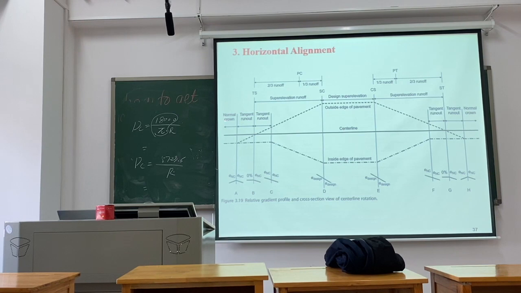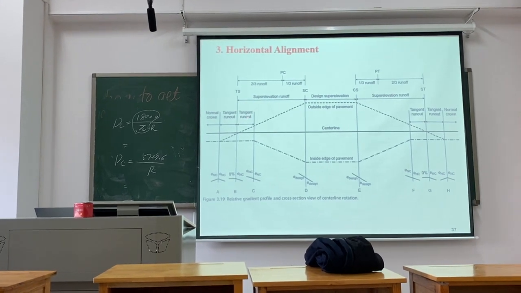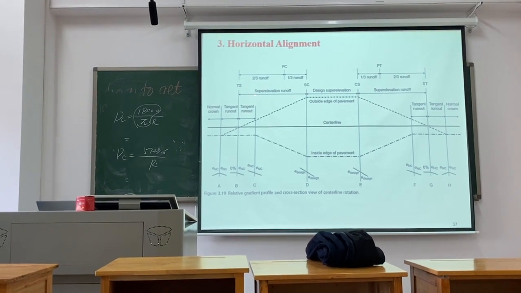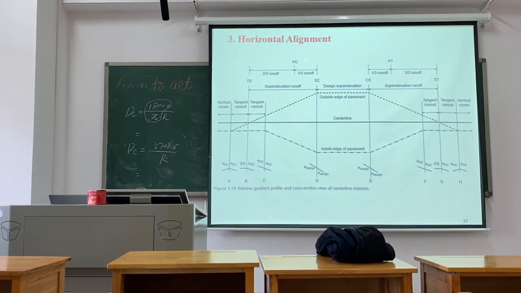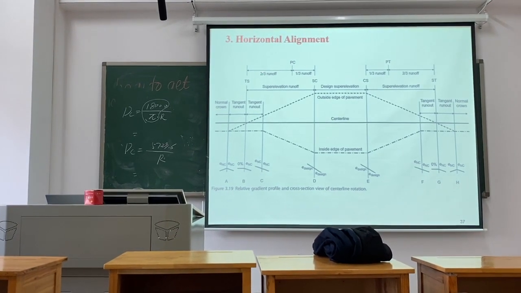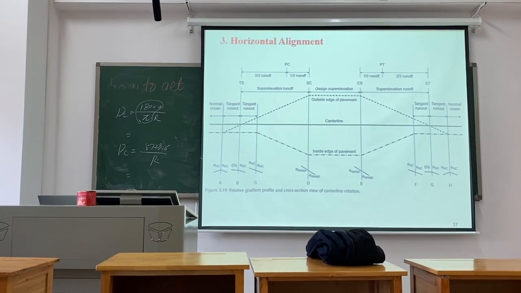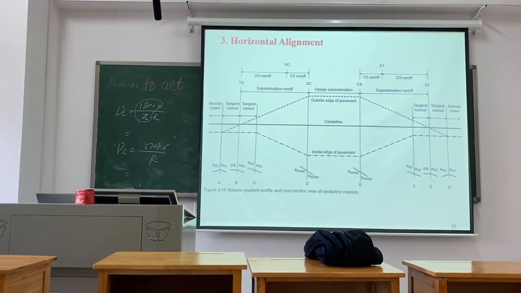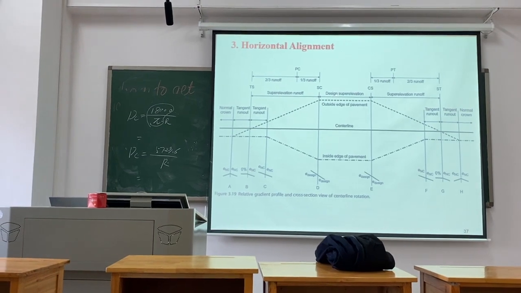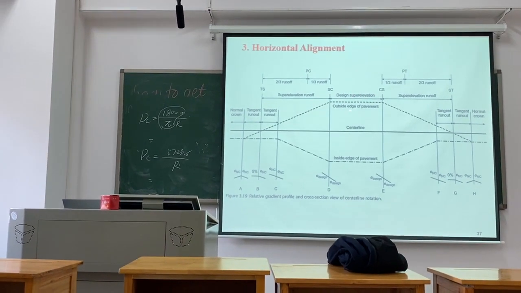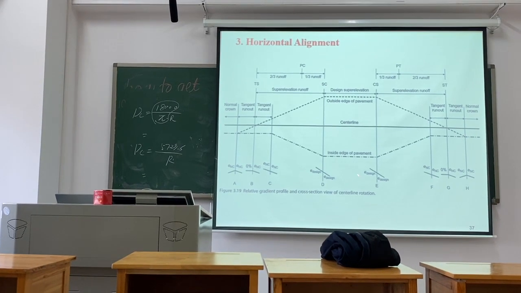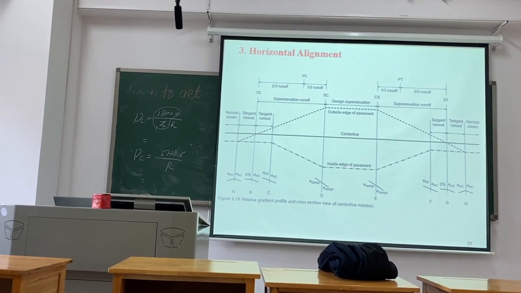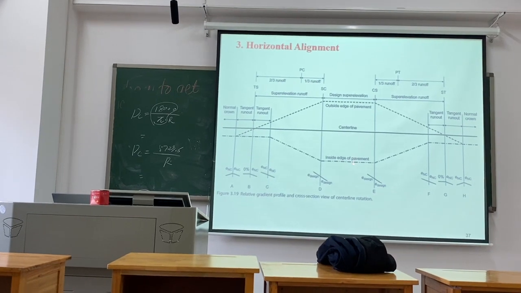It's just like normal ground, tangent runoff, the super elevation runoff. From the TS to the PC, and the PC to SC. Design super elevation. This is the outside edge of the pavement, and this is the inside edge of the pavement.